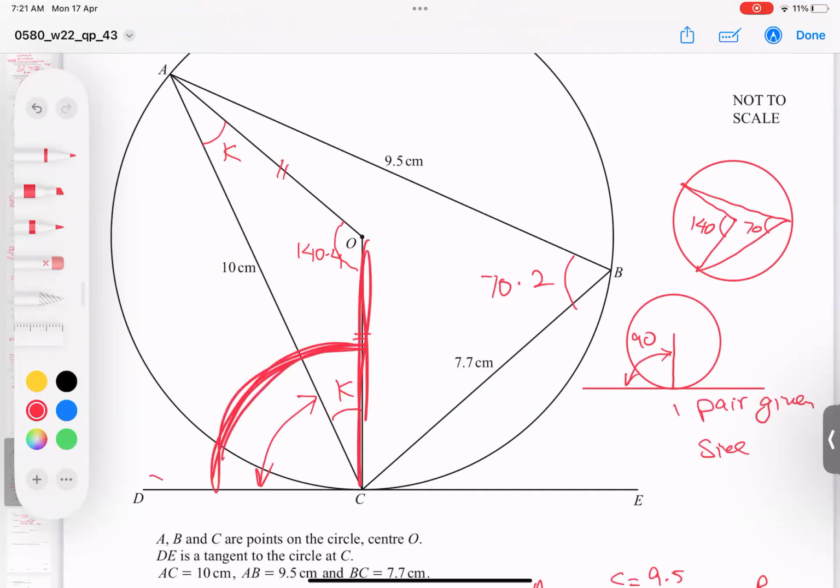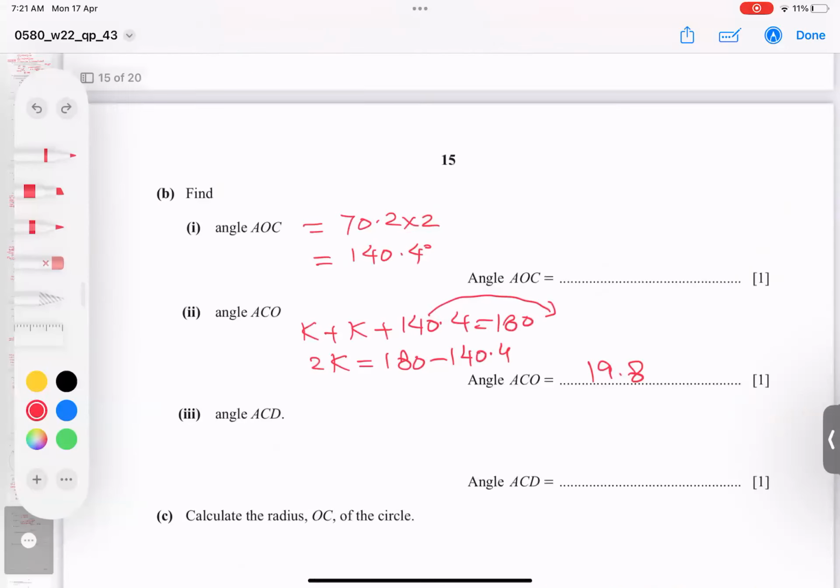When I subtract K from 90, you get the answer, and we have the K value. So angle ACD is 90 degrees minus 19.8, and my answer is 70.2 degrees. Every answer, we have to write the degree.